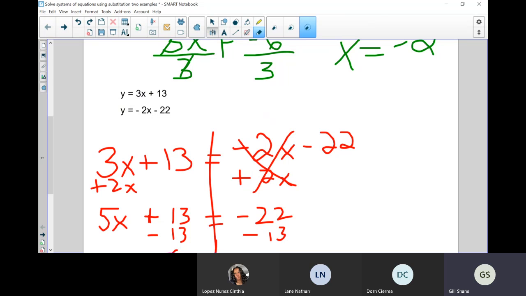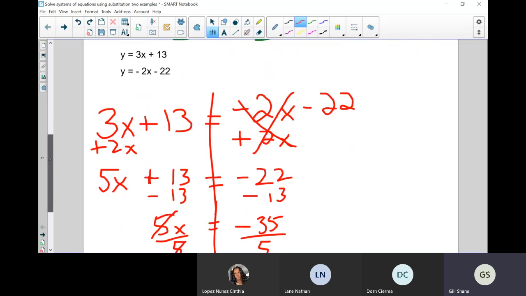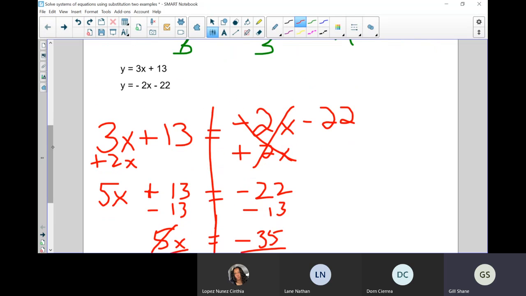Because I know that y equals 3x plus 13, or y also equals -2 times x subtract 22. So we'll take the top equation. I'm actually going to do both of them. And we'll say, all right, well, if y equals 3x plus 13, and I know x is -7, I'm going to now plug in -7 for x.